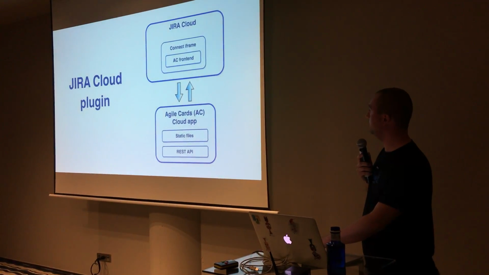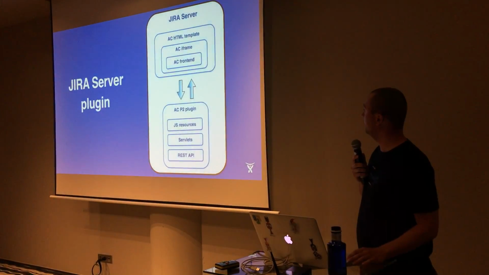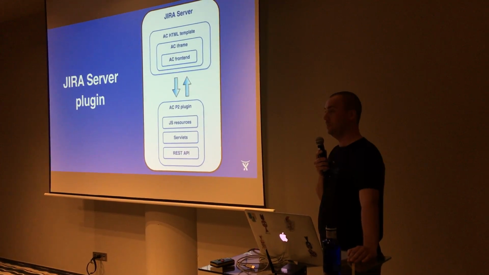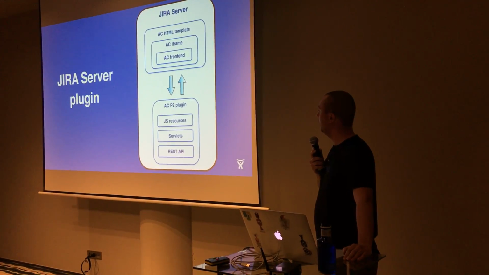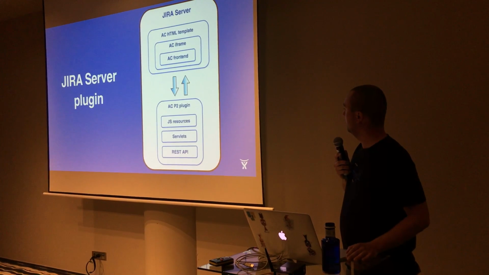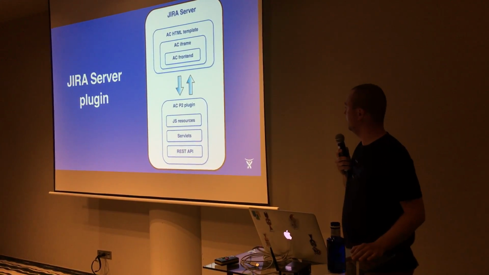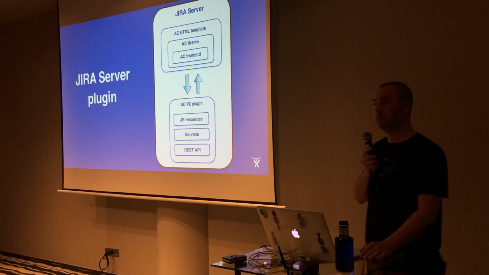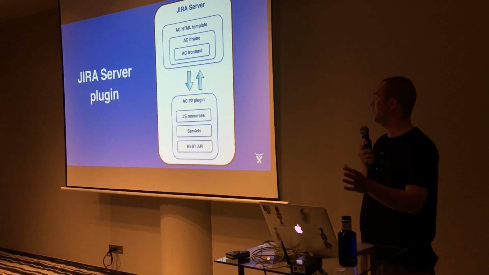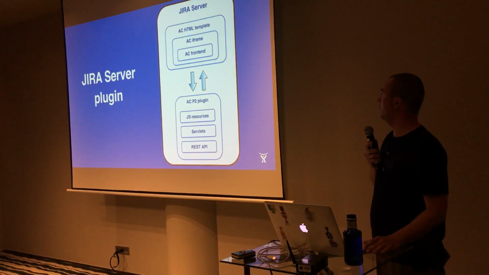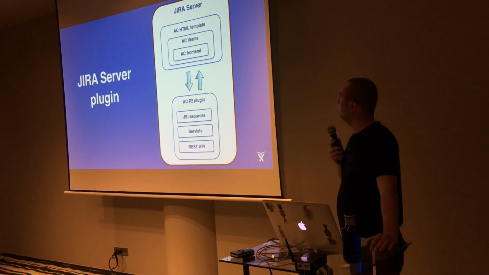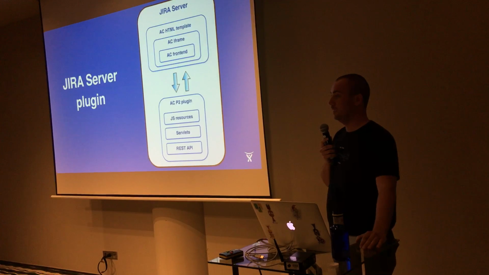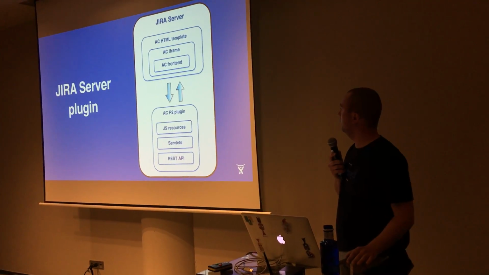But it gets interesting for JIRA Server because we sort of emulate it for JIRA Server, and we have our P2 plugin. And the server serves an HTML template, and inside this template we have just a div element. It's almost empty, but inside this div element we create an iframe, and it's just an iframe from Agile Cards.